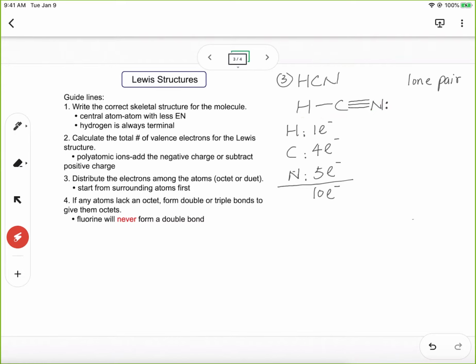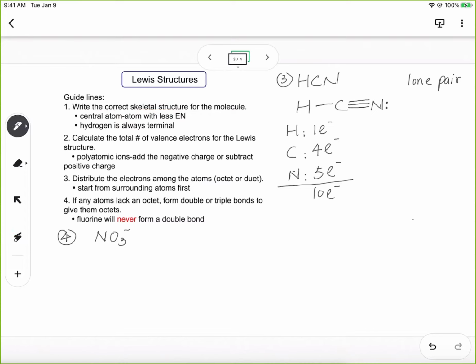All right, now next one. Example 4, NO3 minus. Well, you notice that this is charged. Okay, but no matter what the molecule or ion is, you always start from the very beginning. Skeletal structure.